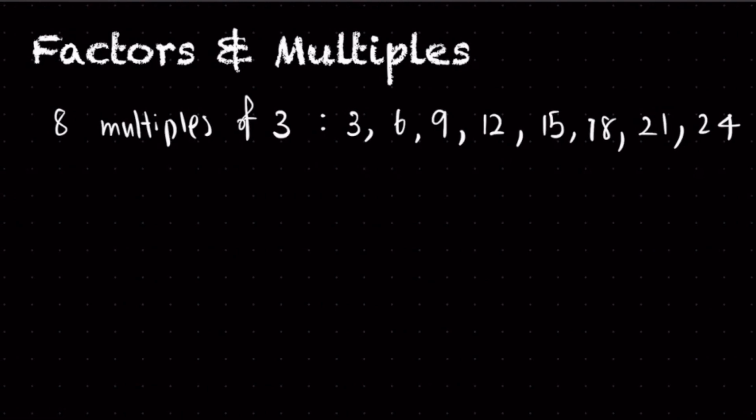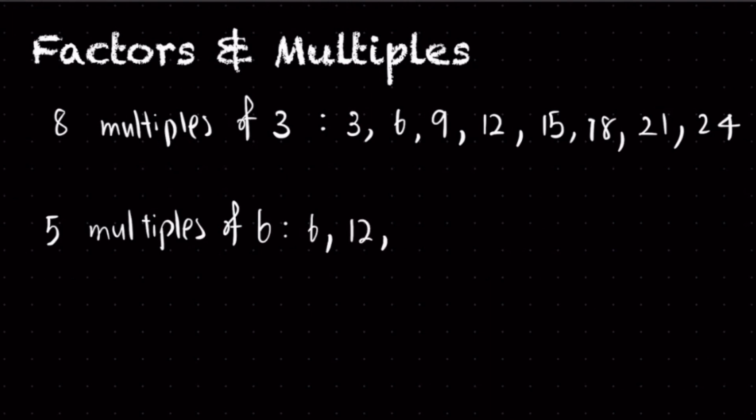Let's do maybe first 5 multiples of, let's say, 6, which was 6, 12, 18, 24, and 30. All right, so we have 2 numbers.